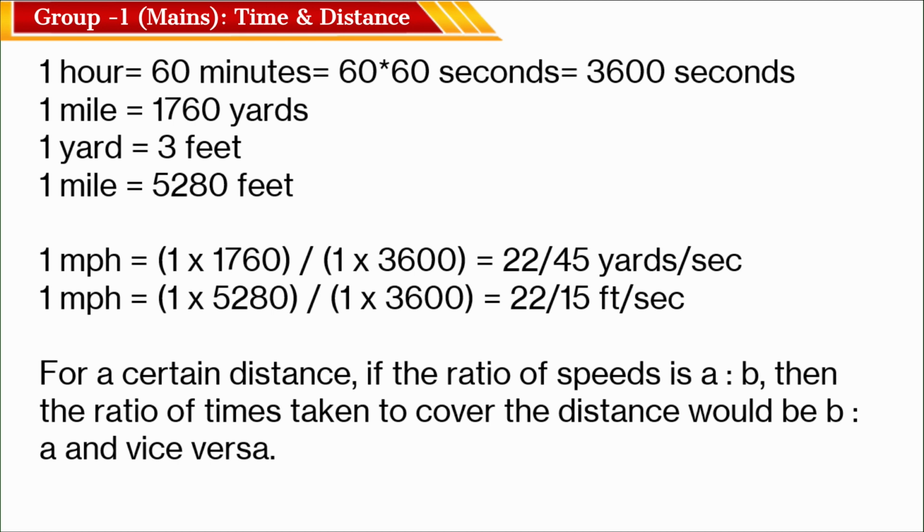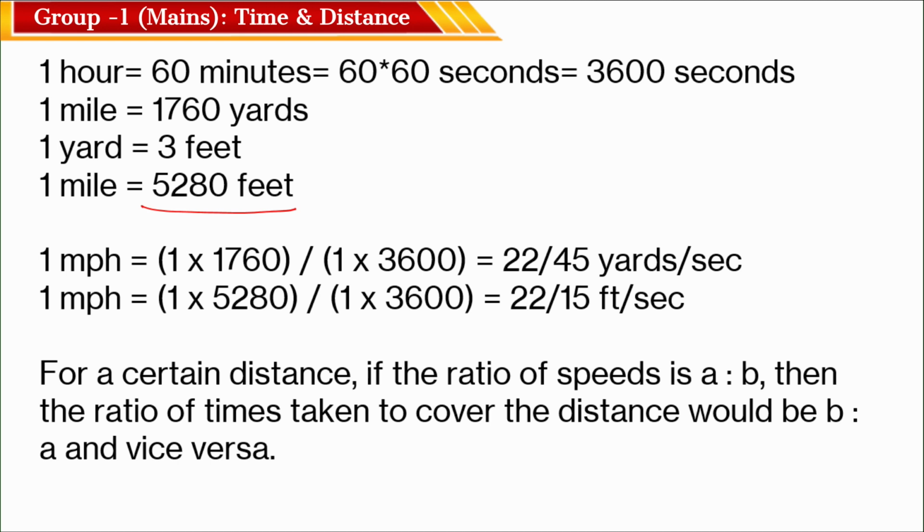And the relation between the mile and yards: 1 mile is equal to 1760 yards and 1 yard is equal to 3 feet. So, we can say 1 mile is equal to 5280 feet.